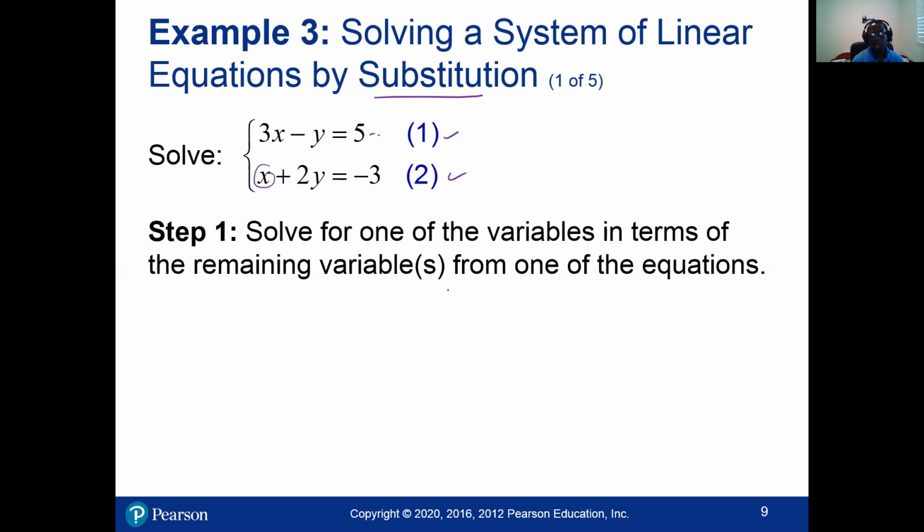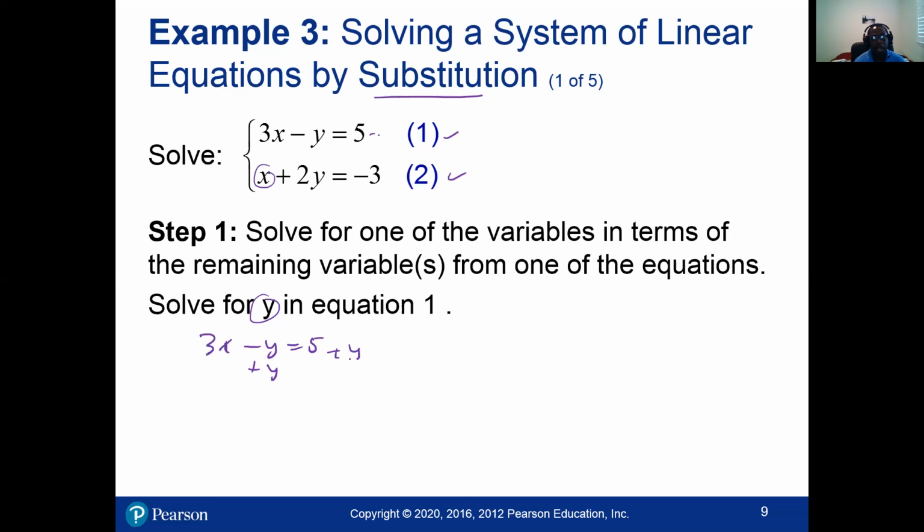So from equation 1, let's solve for y, for example. From equation 1, we have 3x minus y is equal to 5. We are solving for y, so I can add y to both sides.